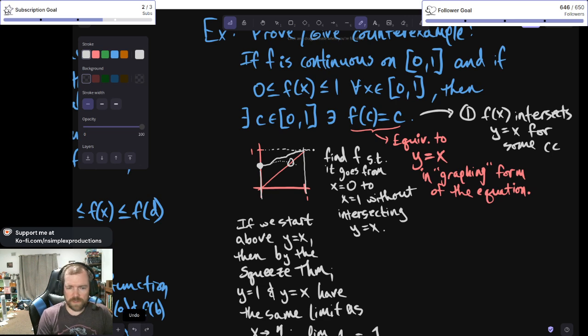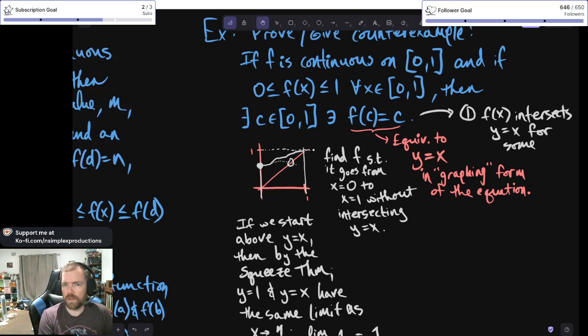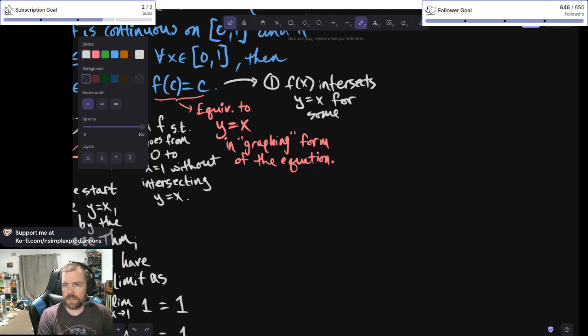You know what? Let's go the other way. For some c that is strictly between 0 and 1. Then our f of c is going to be equal to c at that particular moment, and again, so proven.